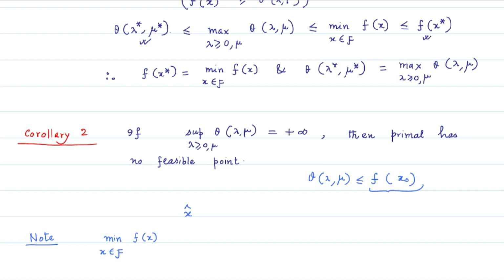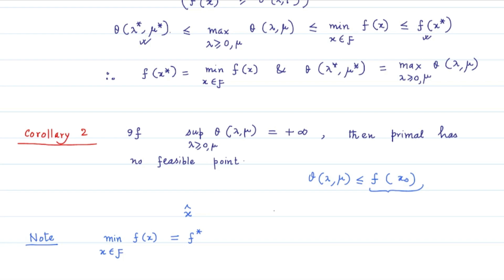This x hat is a feasible point, and on reaching it, a question comes: can we measure how far we are from the minimum value of this objective function? Let's suppose the minimum value is f star, and to measure how far we are from this f star at the current iterate x hat, we can do the following analysis.